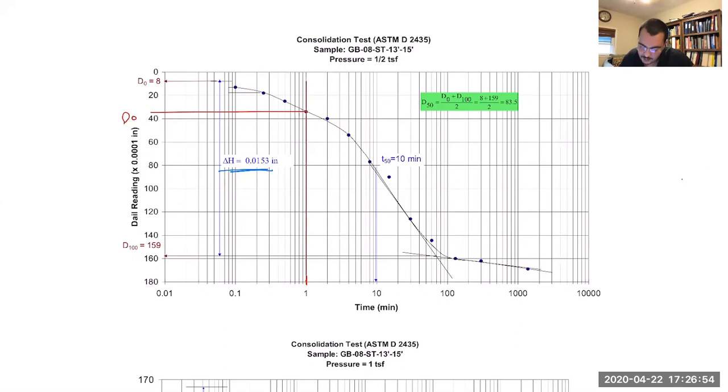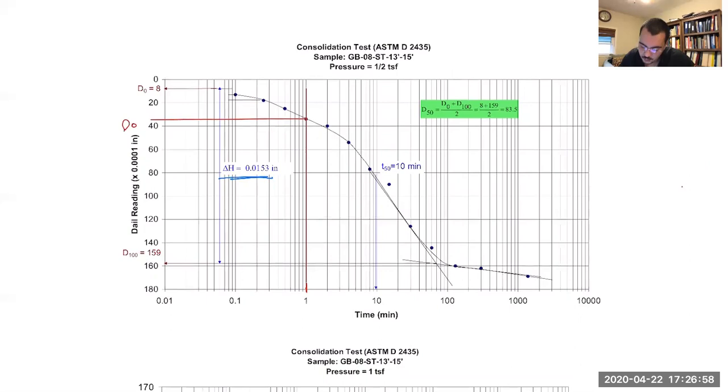So 4 times that. So 1, 2, 3, 4. So you will go over here, and you will take another straight line, and you'll call this D1.